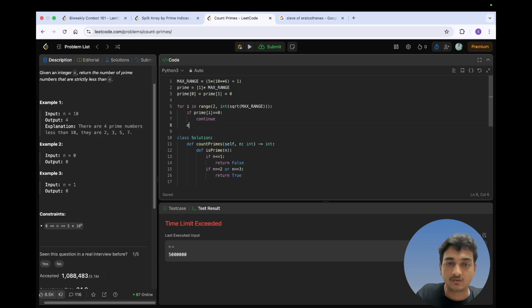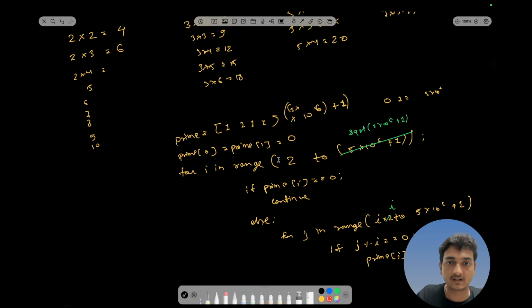Okay, so else, for j in range, I have to go from i into i till when? I have to go till max range, right? And what do I need to do? I need to basically check if j can divide i, if i can divide j. Wait.